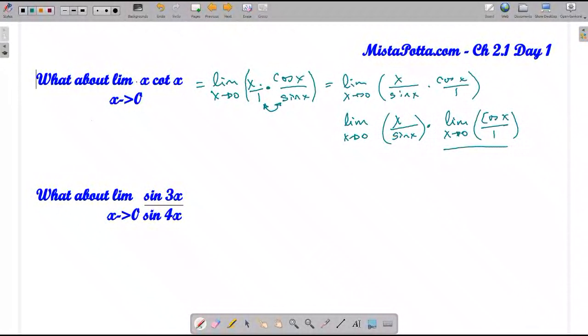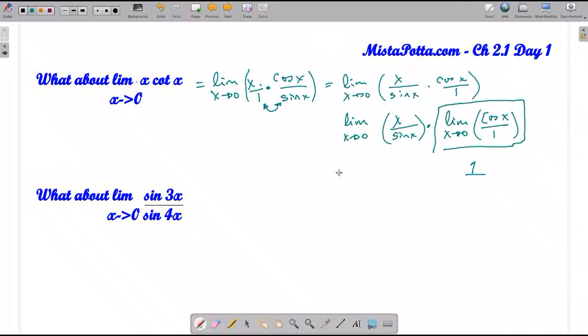And this limit is actually pretty well defined. 0 is actually in the domain of cosine, so I can just substitute. And the cosine of 0 is 1.